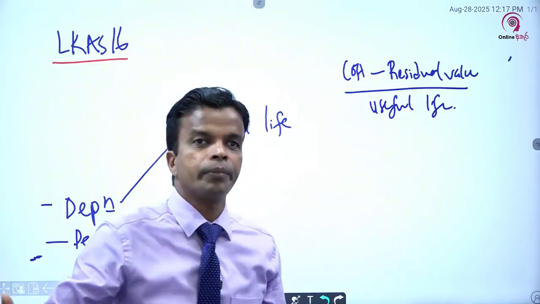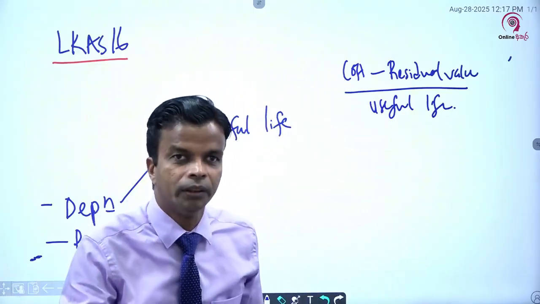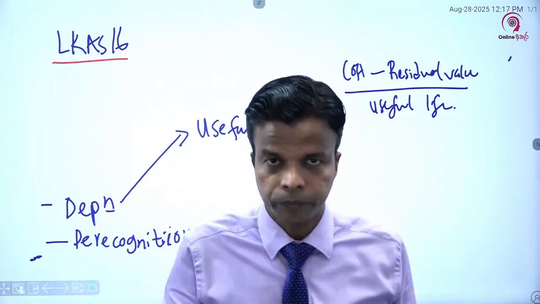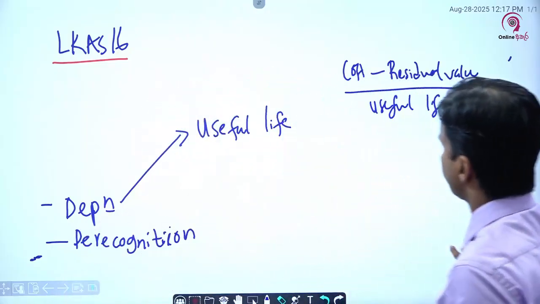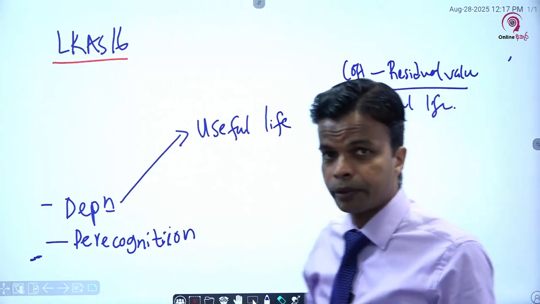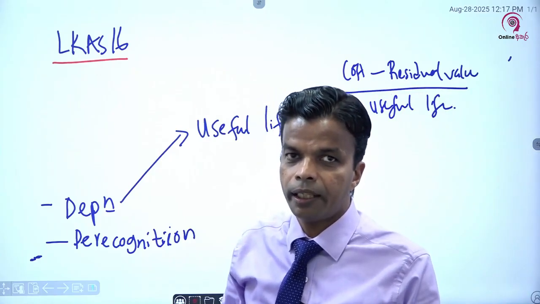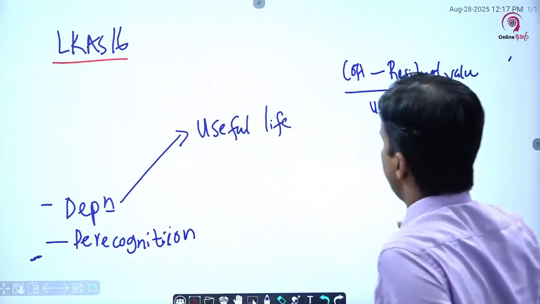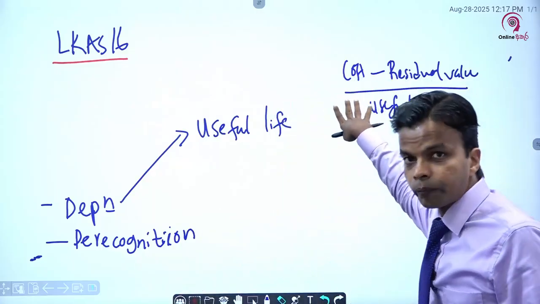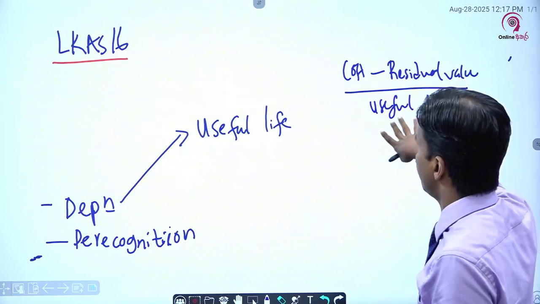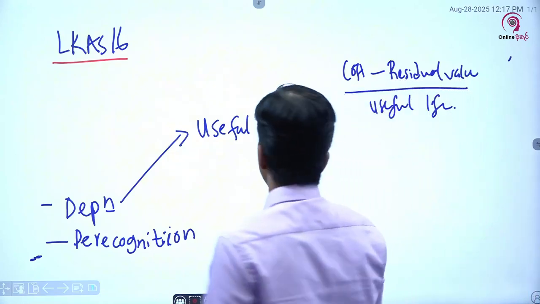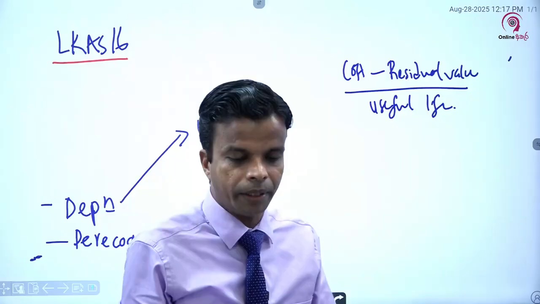So you can't depreciate that because you're expecting to recover it. Normally the residual value concept is there, but practical application is very rare in most cases. But ideally when it comes to depreciation, it's cost minus residual value divided by useful life. Useful life is an accounting estimate.